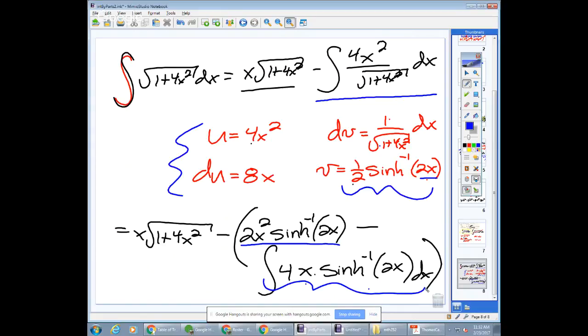Okay, so what's an obvious u substitution? Well, wouldn't it be to let u be like 4x? And then that means we would have to integrate hyperbolic sine inverse. But we haven't done that yet, have we? Okay, so let's see, what's the definition of the hyperbolic sine inverse? Anybody remember?